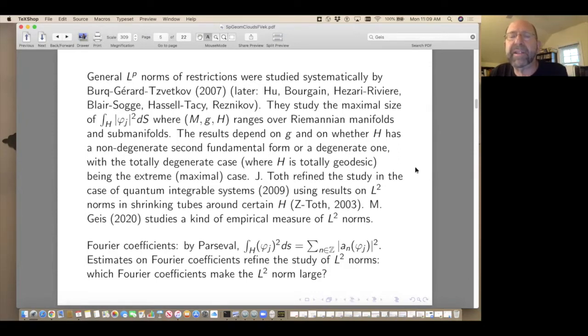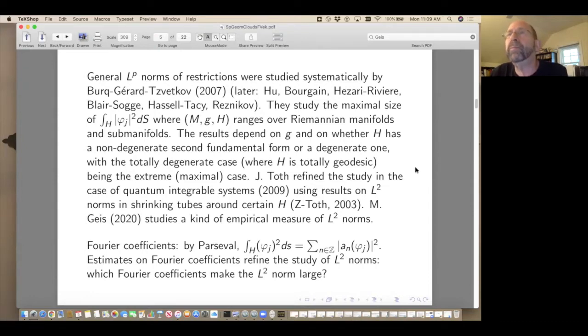The interest there is to characterize how large these L2 norms are. It depends on the metric, on the sequence of eigenfunctions, and on the submanifold. In particular, it depends on whether the submanifold has a non-degenerate second fundamental form or a degenerate one.